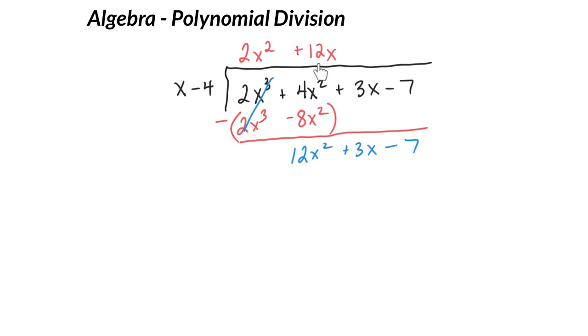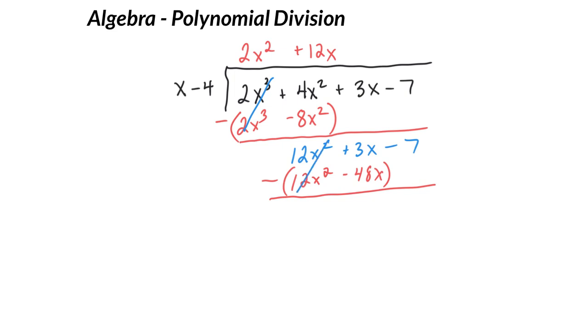And we multiply. 12x times x is 12x squared. 12x times -4 is -48x. We're going to subtract. Once again, this is 0. It needs to be 0 or we didn't do it right.